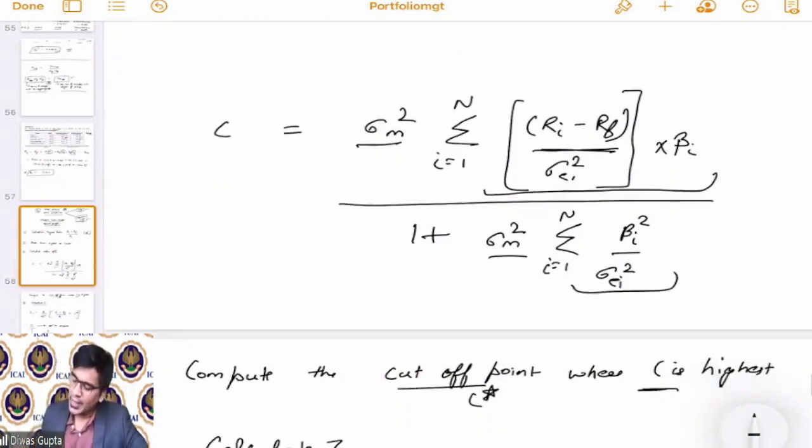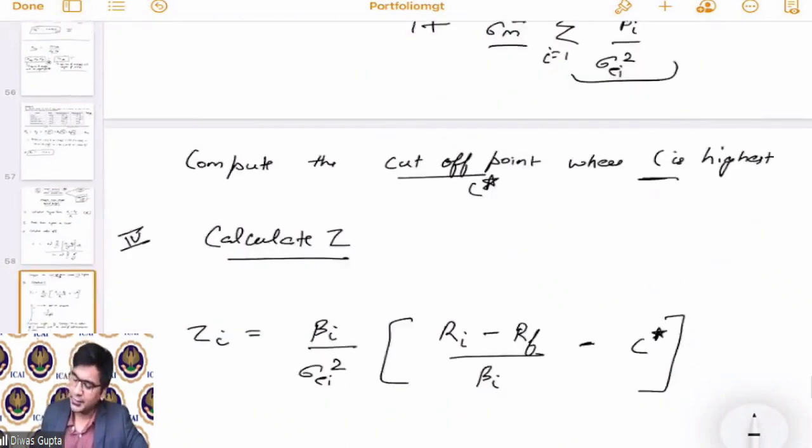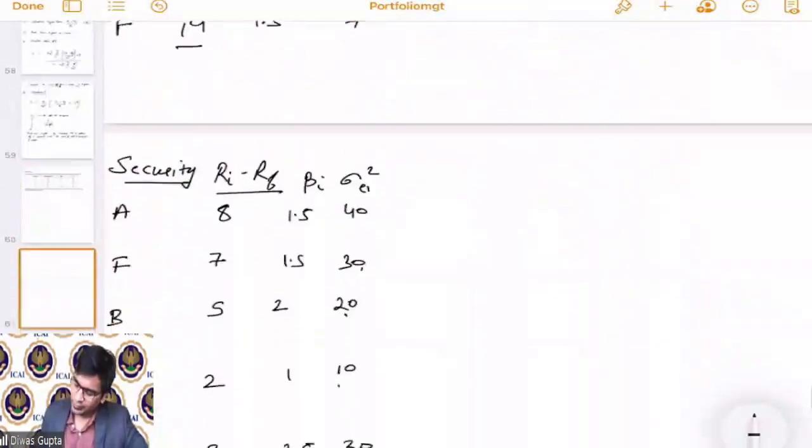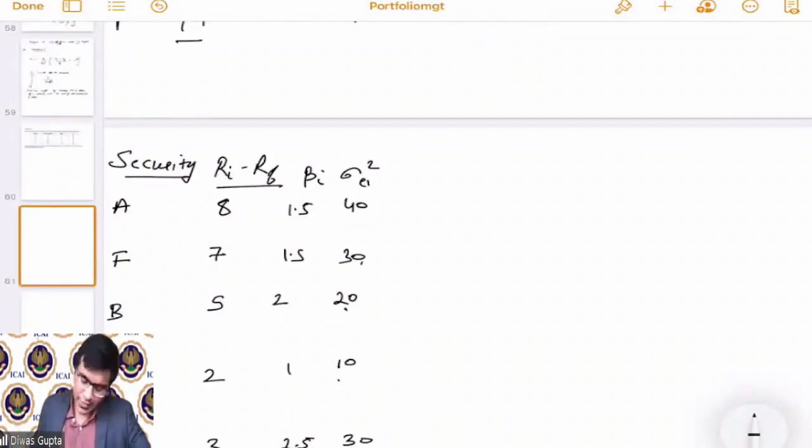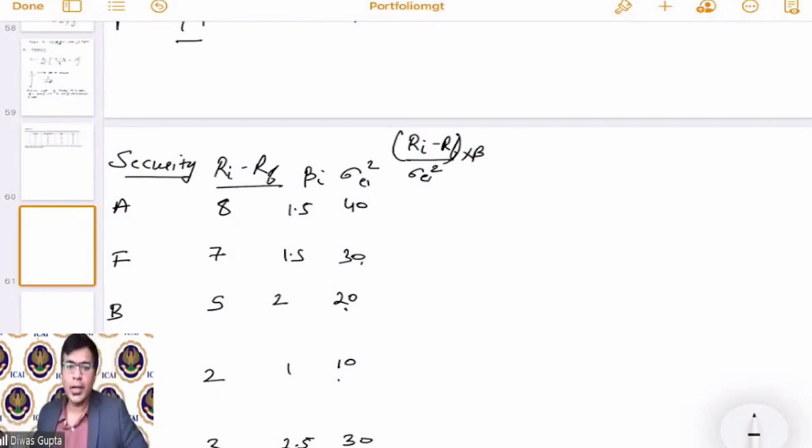So let us calculate the first part: Ri minus Rf divided by residual variance, multiplied by beta. This is what we are going to calculate.